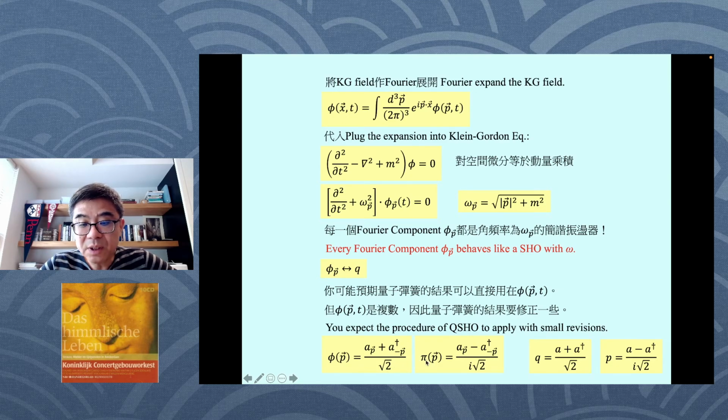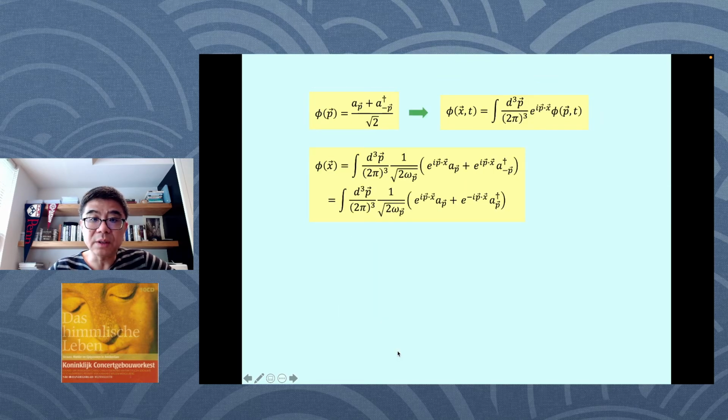And pi p, which corresponds to the momentum, could be written similarly. The reason for this small revision is that phi p is a complex number instead of a real number like q. So that's why I need to change the sign from p to minus p. And it could be fine from here.